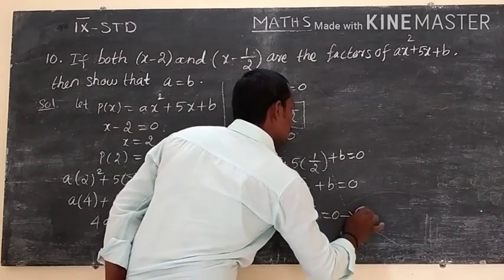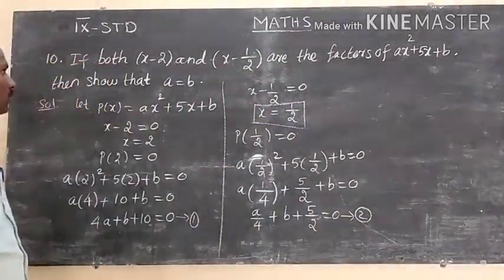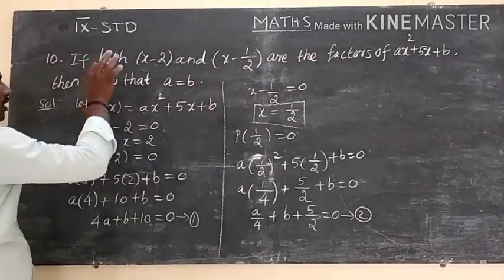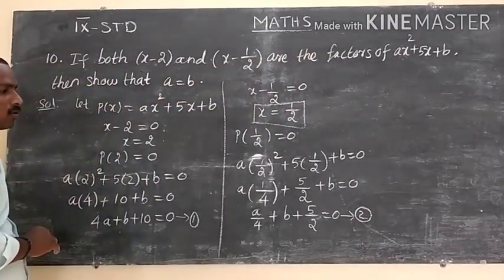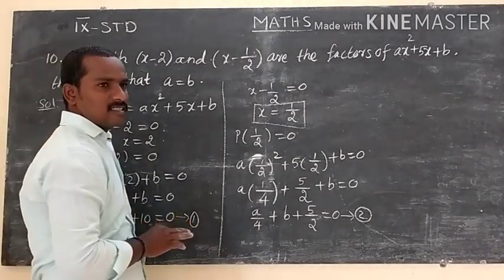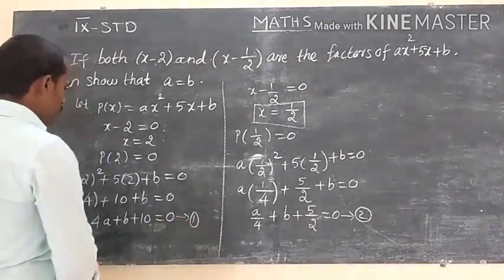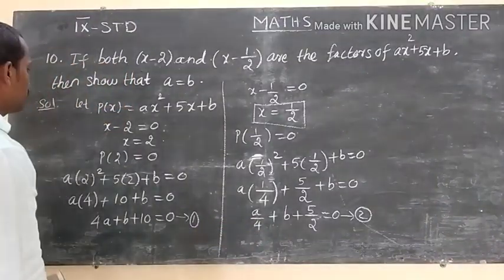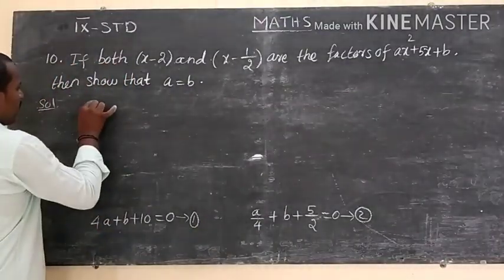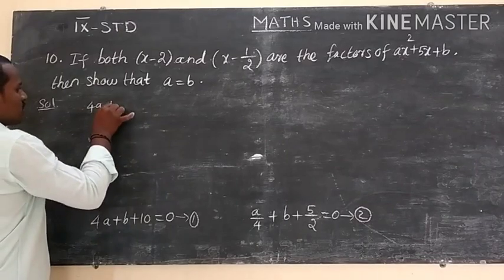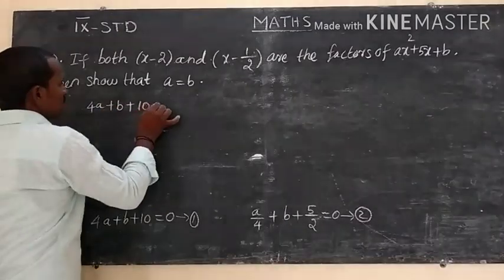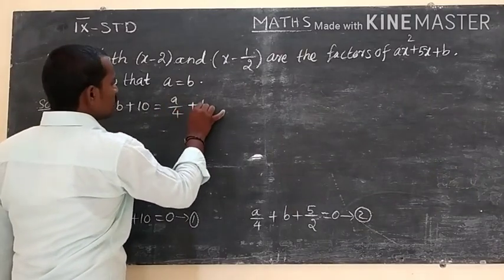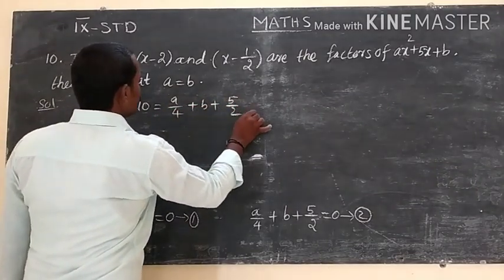This is equation number 2. Both are factors of the polynomial, therefore both give the same remainder. So equating the remainders: 4a plus b plus 10 equal to a by 4 plus b plus 5 by 2.